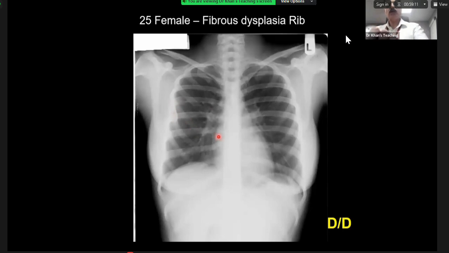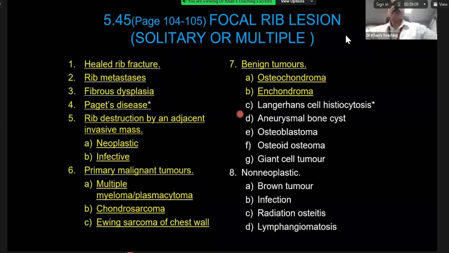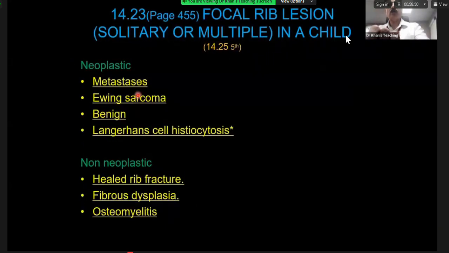So now, if you see here, focal rib lesions, solitary or multiple, this is from your book, can of course occur in adults, as with fibrous dysplasia here, and they can occur in the child.